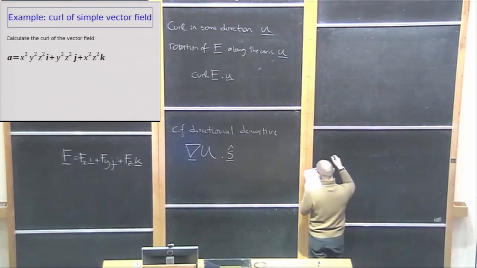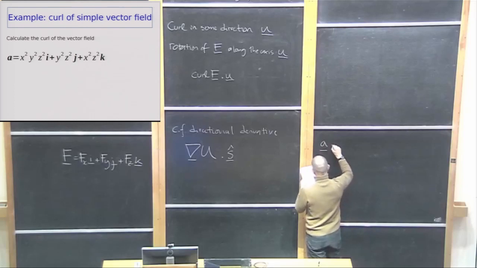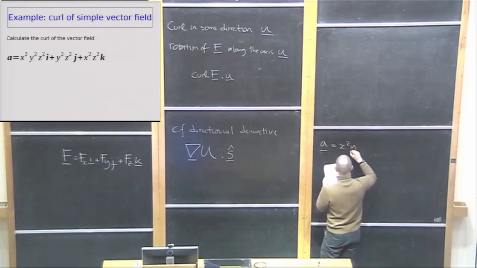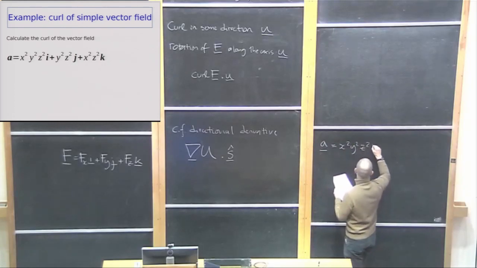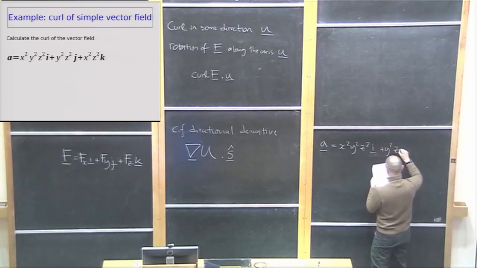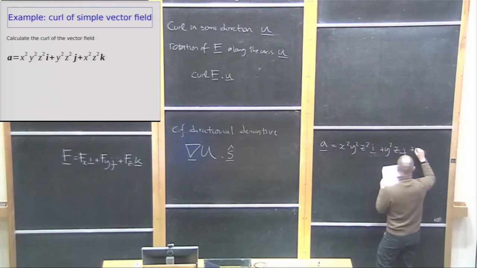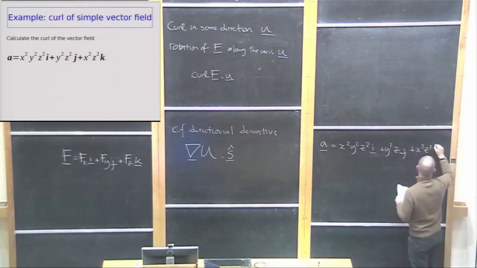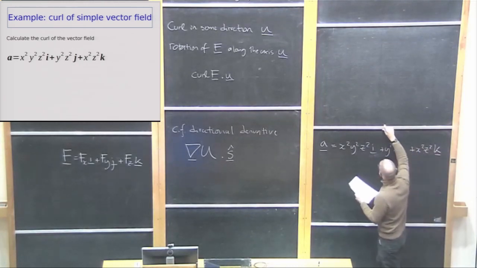So we'll do an example then. We'll say A is equal to x squared y squared z squared i plus y squared z j plus x squared z squared k.